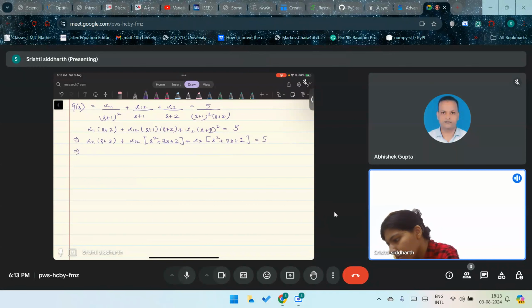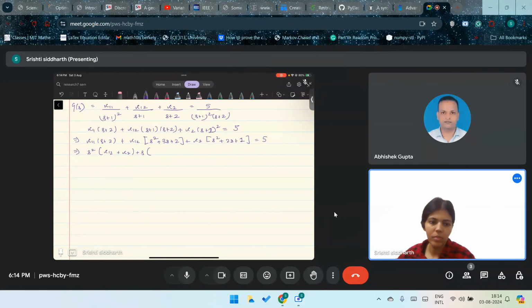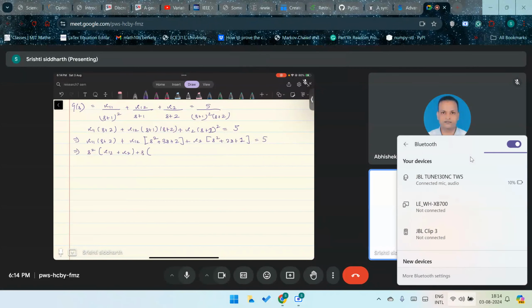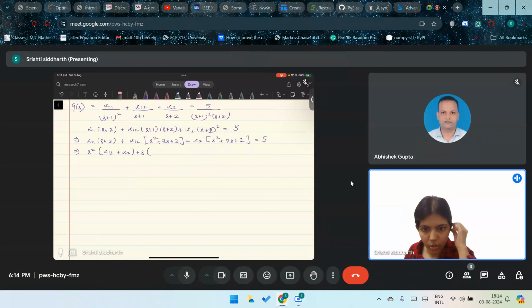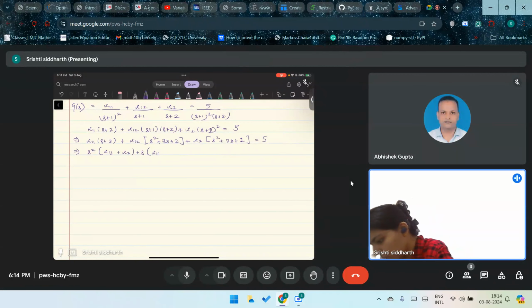Now let's club terms for each power of s. We have s squared times C12 plus C2, plus s times C11 plus 3 times C12 plus 2 times C2, and then for the constants we would have 2C11 plus 2C12 plus C2.